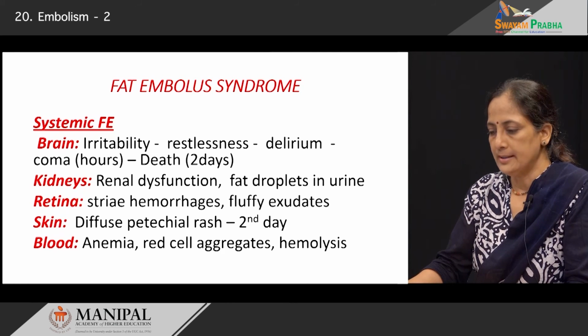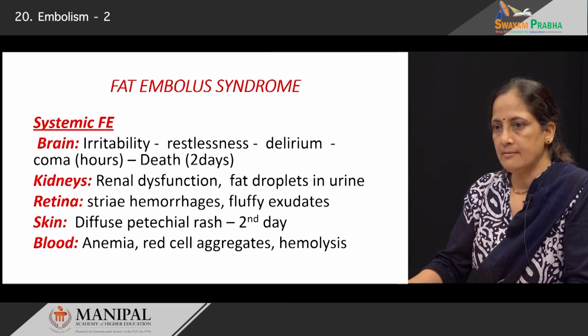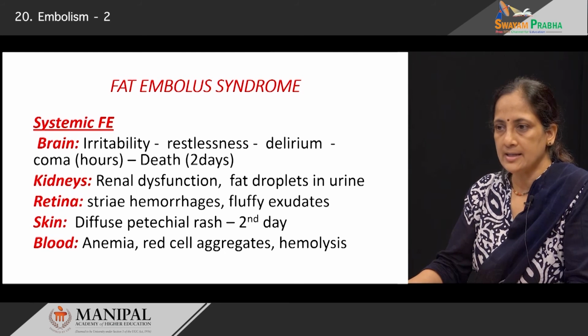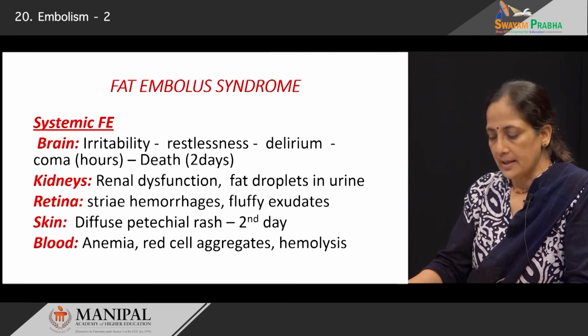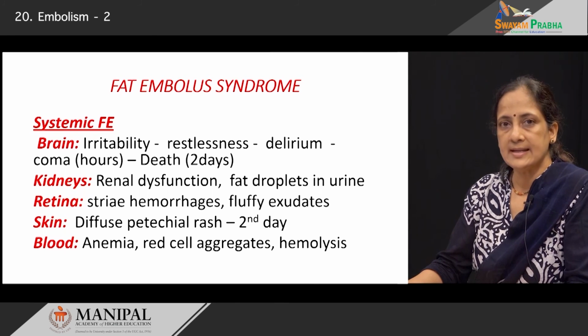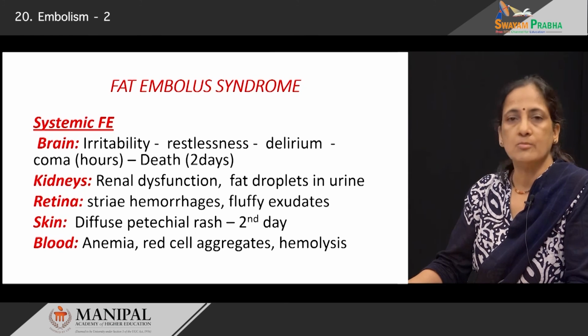Retinal fat emboli result in striate hemorrhages and fluffy exudates. Skin vessels involved cause a diffuse petechial rash, and this is one of the identifying features usually seen on the second day after the fat embolization. As far as blood is involved, anemia is a feature seen along with red cell aggregates and a hemolytic picture with thrombocytopenia.